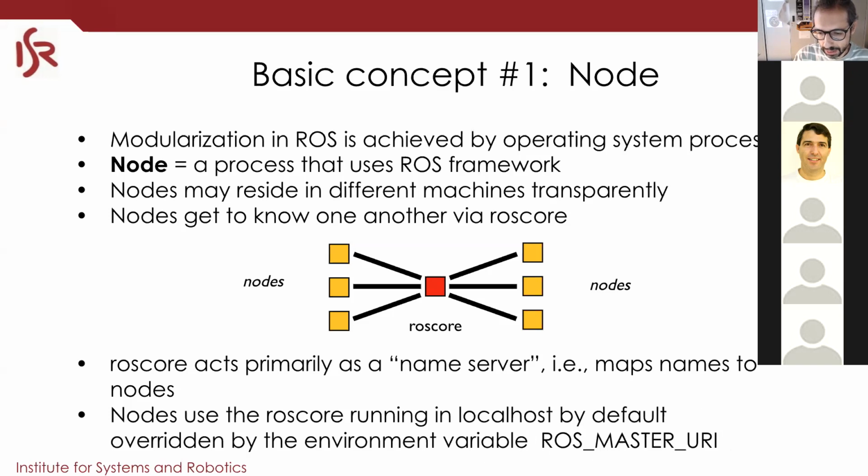So this environment variable is the mechanism that allows you to have nodes contacting ROS cores other than the default one. Of course, the scope of an environment variable is the shell where it is defined. All of the children of that shell will share this environment variable. A different shell, of course, will not.